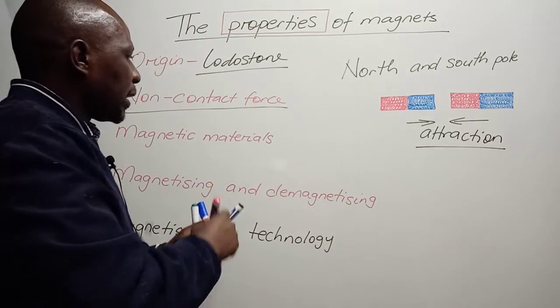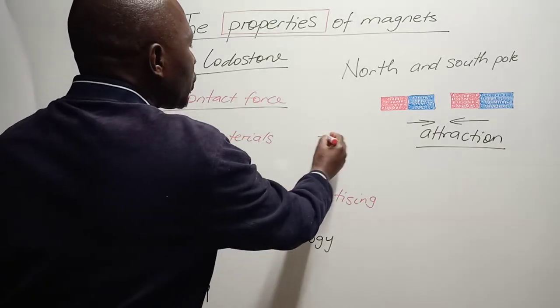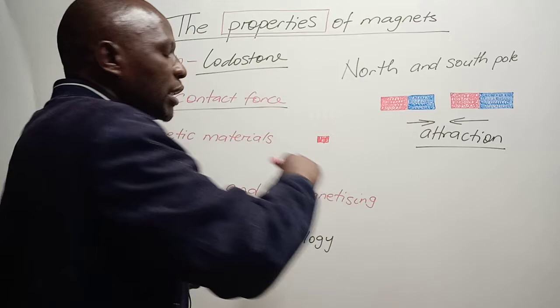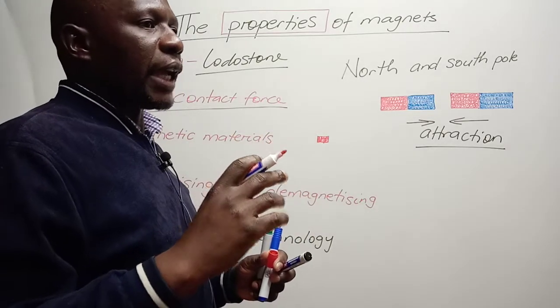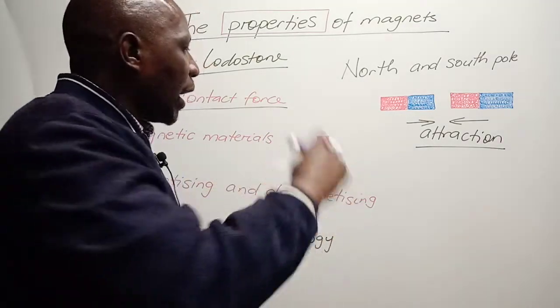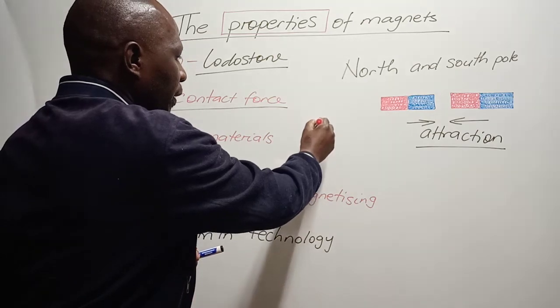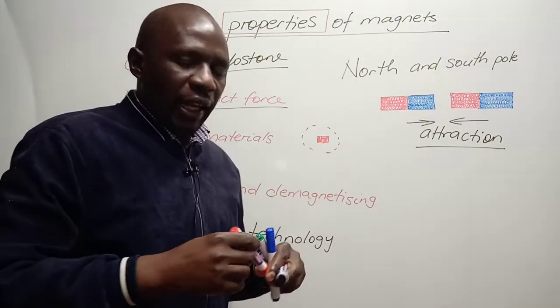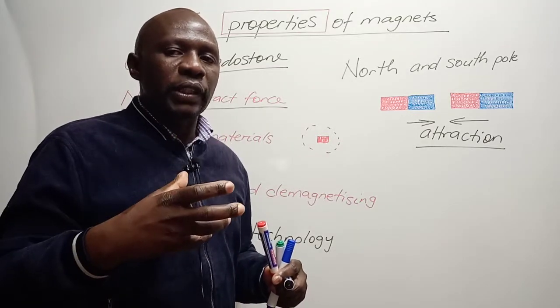That means that, take this to be a piece of magnet in red. This piece of magnet has got a magnetic field, or in simpler terms, like a sphere of influence.